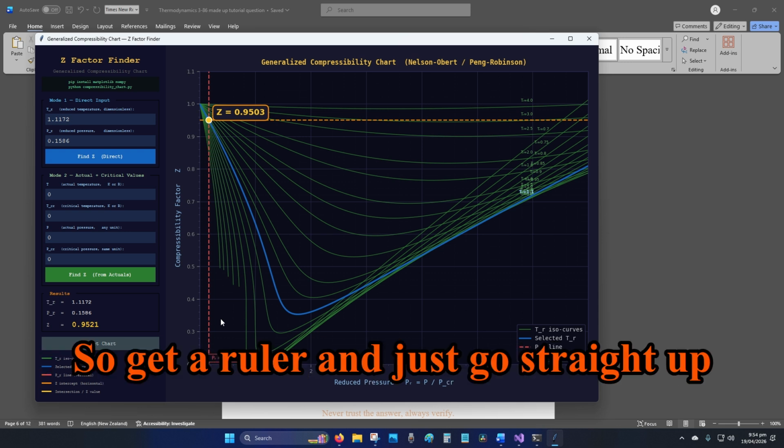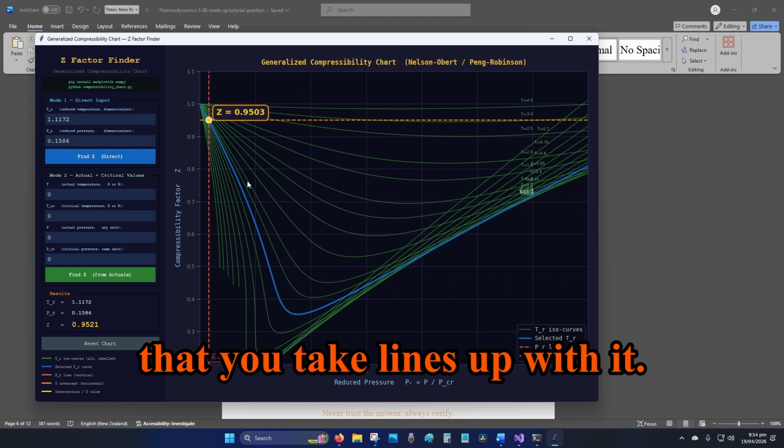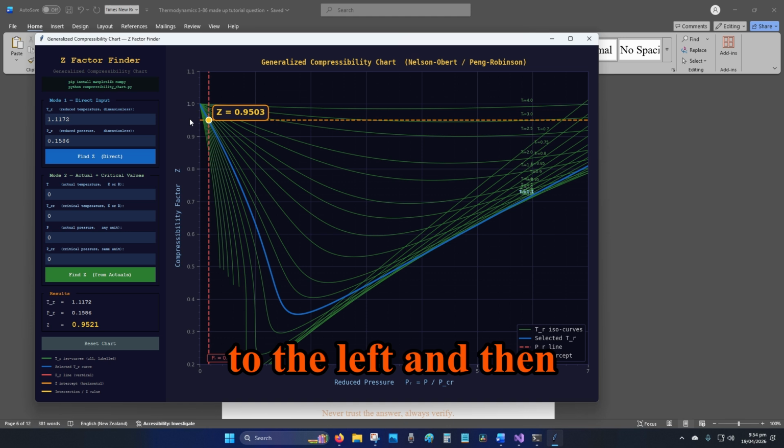So get a ruler and just go straight up until the selected curve that you take lines up with it. Once they line up and intersect, you go to the left, and then that will be your Z factor.